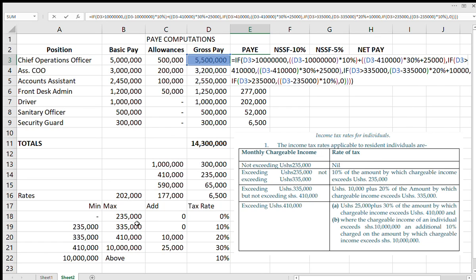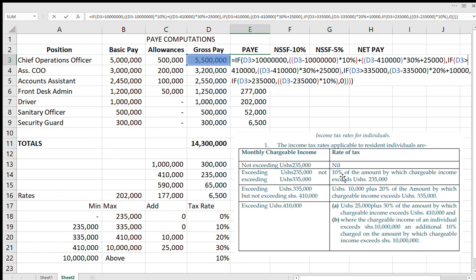Then you go to the last, to the other one, which is it is exceeding 235,000 shillings. We say that D3 take away the amount for which it is exceeding, which is 235,000. We multiply it by 10%. There we are not adding any amount, so we have not added anything.